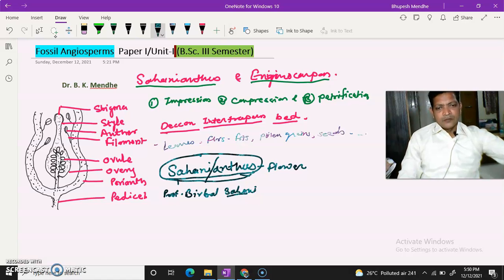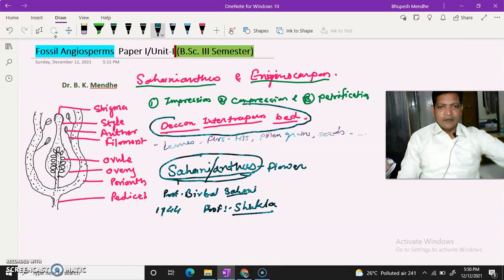Okay, so in 1944 Professor Shukla discovered and described this fossil for the first time, from the same locality or same bed, the Deccan Intertrappean bed.